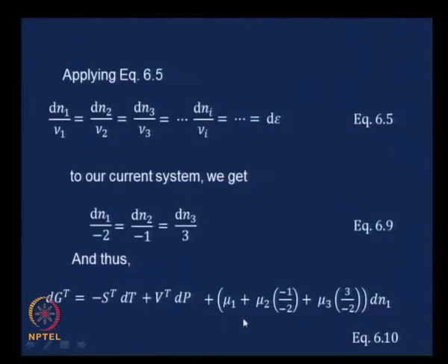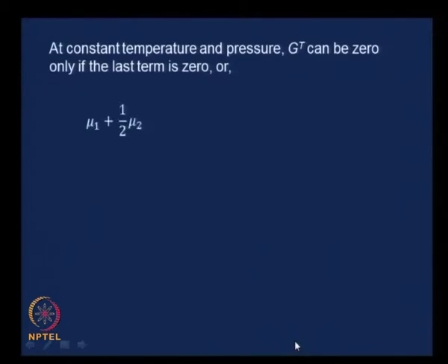Therefore, dG_T can be 0 only if this term goes to 0, and therefore, mu_1 plus half mu_2 must equal 3 by 2 mu_3, or in other words 0 must equal 3 mu_3 minus 2 mu_1 minus mu_2.